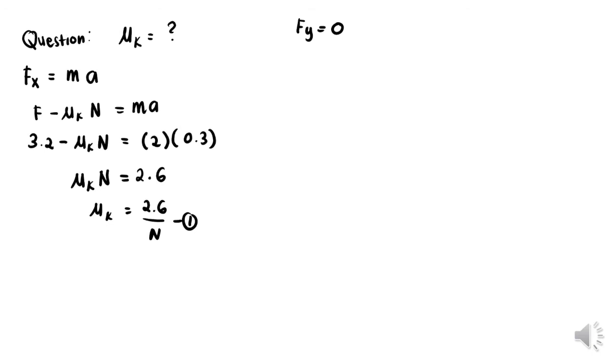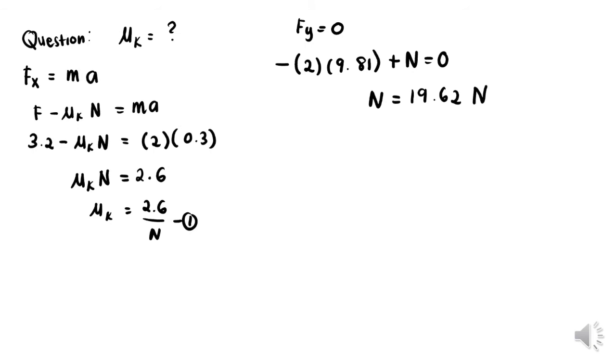Now we solve our y component, where Fy equals 0. At the y component, we have weight, negative 2 times 9.81, plus the normal force equal to 0. So we have the normal force N equal to 19.62 Newton, which we label as equation 2.